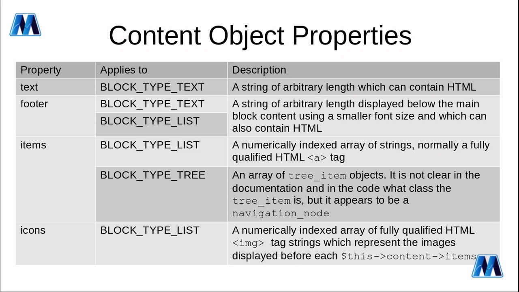The icons property only relates to the list type block, and that's usually image HTML tags, which relate to the items in the list, and so normally you would have the same amount of icons in the list as you have items in the items property. So let's go back to our code.